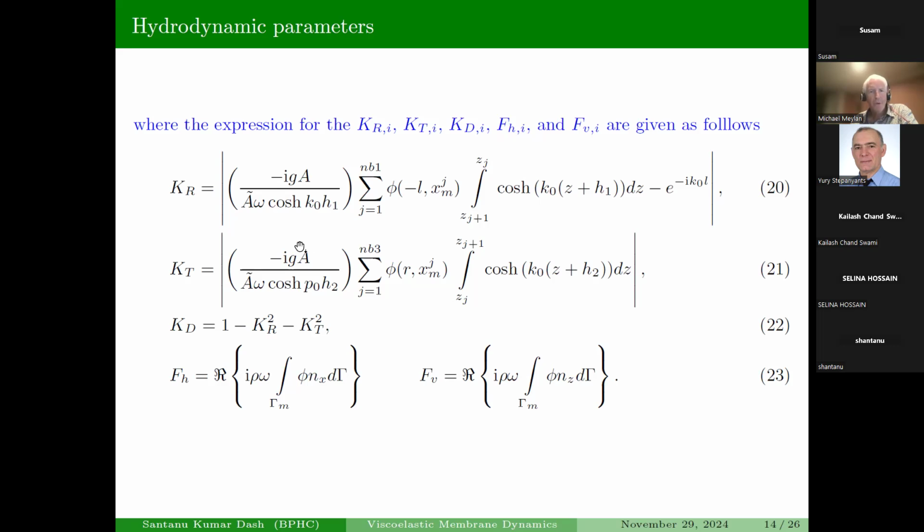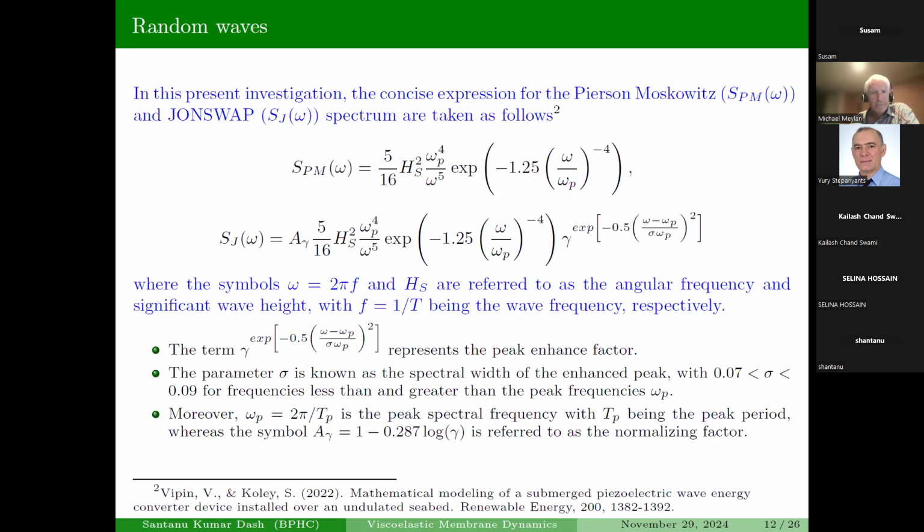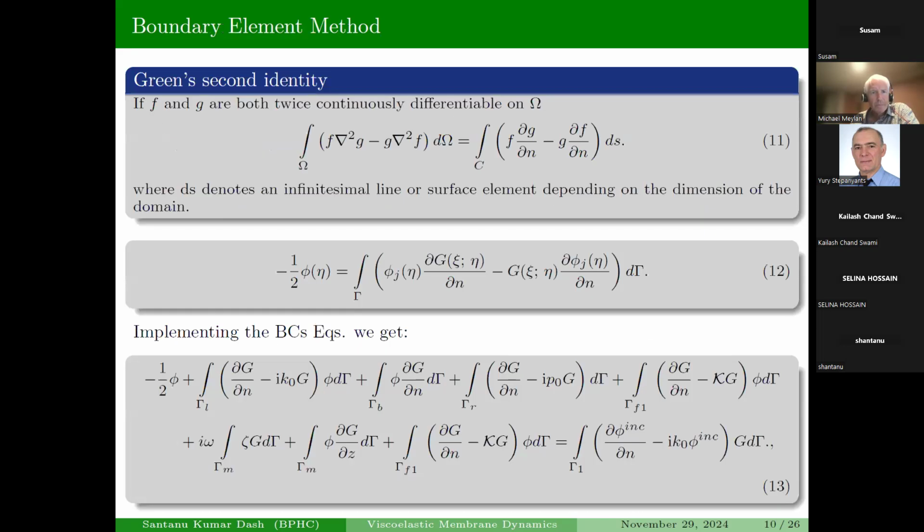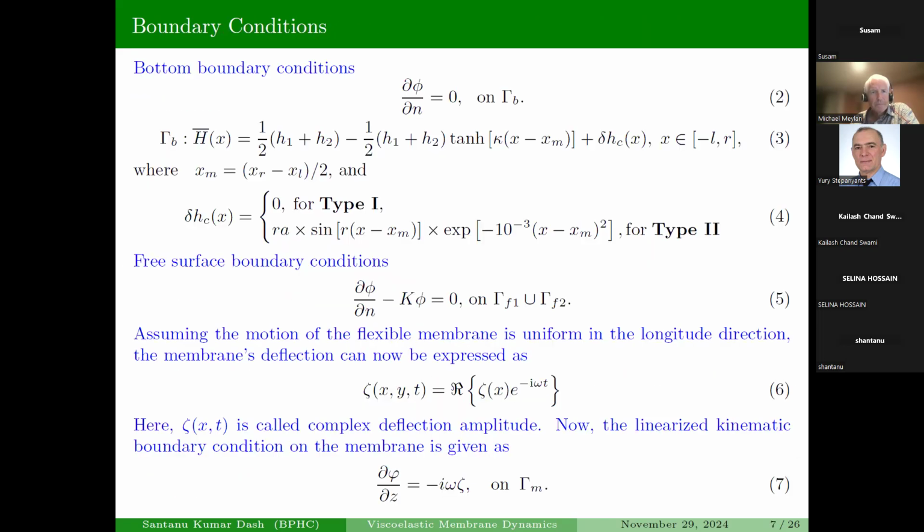Where are the boundary and initial conditions of your problem? So what we can see here. Where's the condition for the membrane?